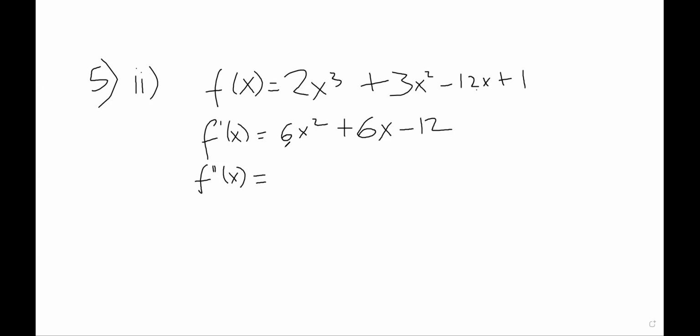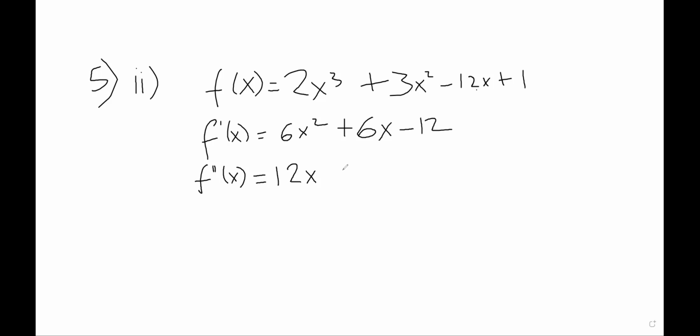So we carry down the 2, 2 times 6 gives us 12x, minus 1 from the power gives us back 1. So we don't need to worry about the 1 here. It's still saying the same thing.